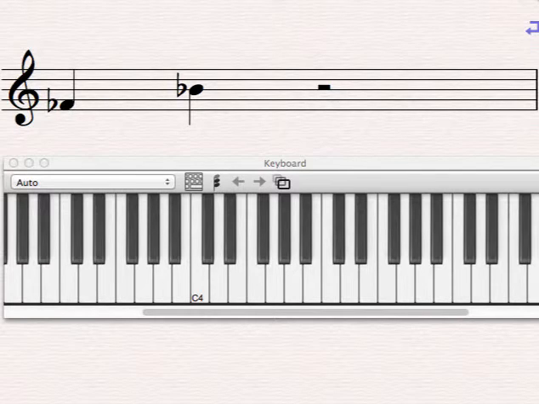There's another way of doing this. If you're encountering this and you're not sure, you can try inverting the interval. You can invert this by putting one of those notes an octave higher or lower, depending on which one it is. So if it's a lower note, put an octave higher. If it's the higher note, put an octave lower.